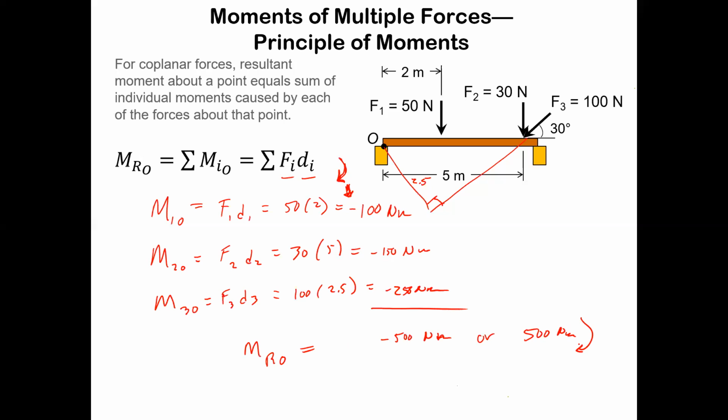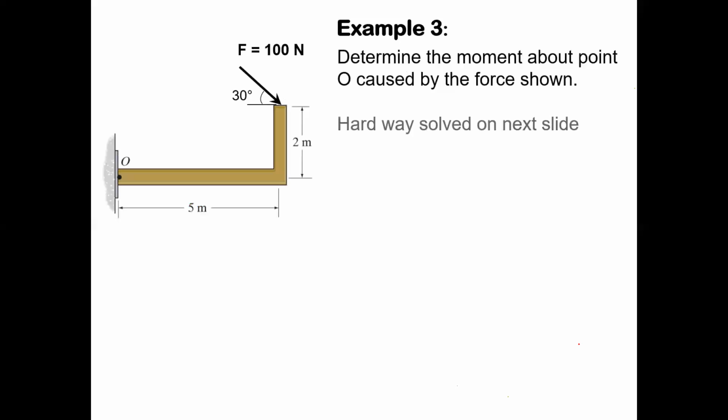Principle of moments. And the nice thing is we can use the principle of moments when we have diagonal forces, because without the principle of moments, we have to maybe do some really fancy trig or geometry to find that D, right?